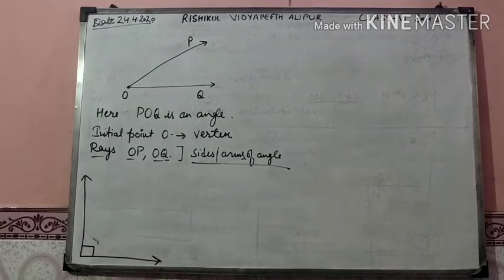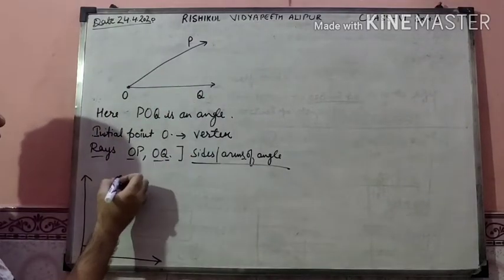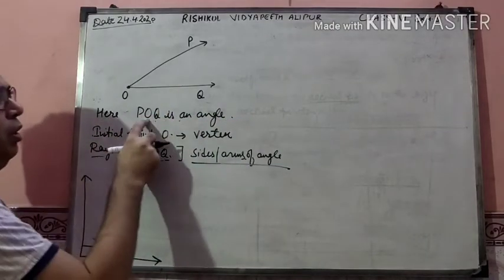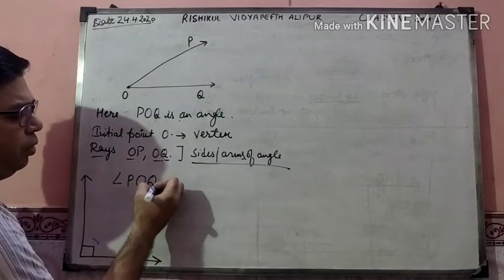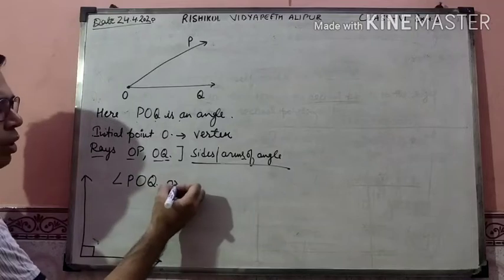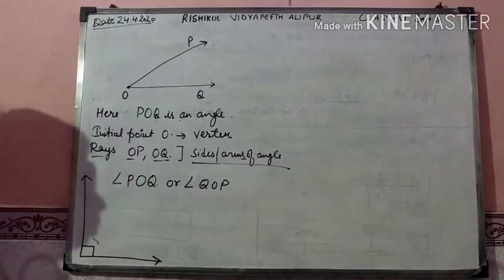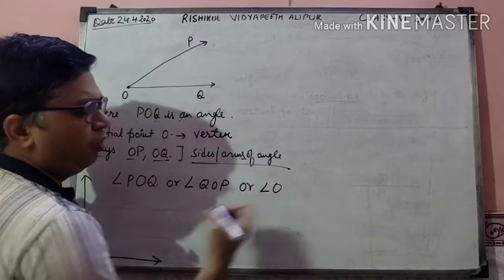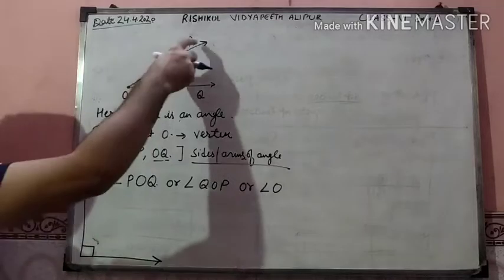And students, there are different ways of naming. Instead of writing POQ is an angle, we can write angle POQ, or we can write it as QOP, or we can write it as angle O also.